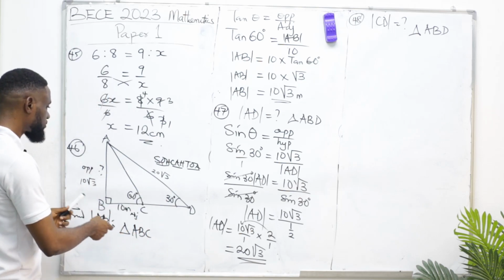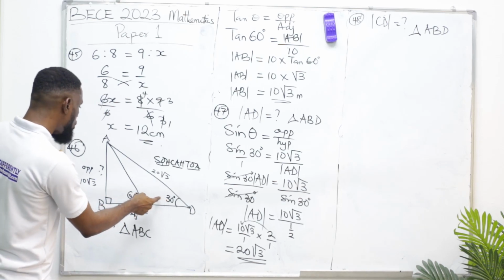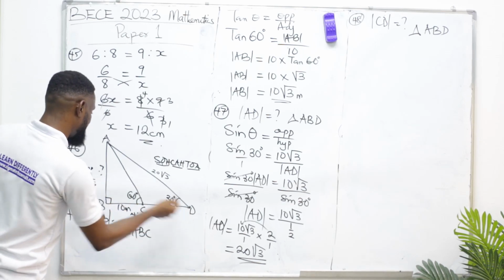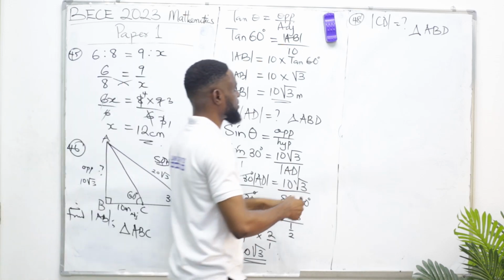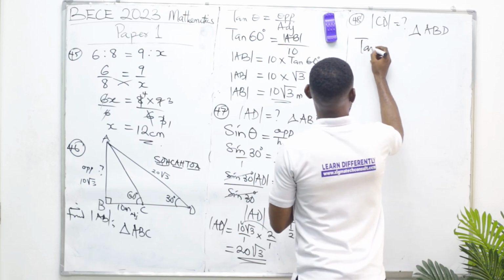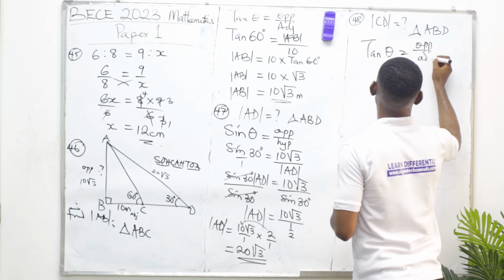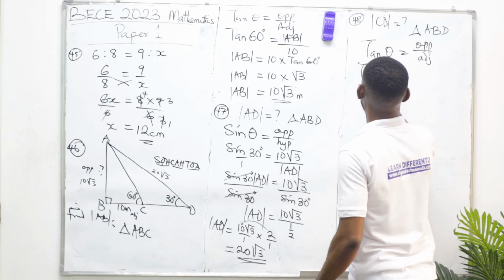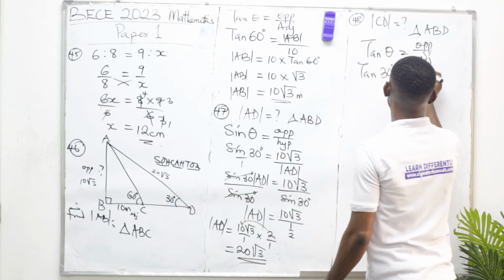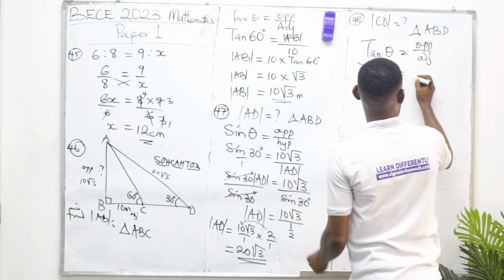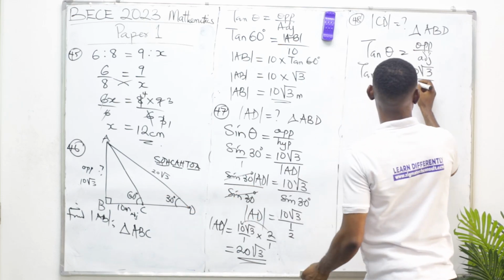So if this is the angle we refer to, now we're having opposite over adjacent. So that is tan. So tan theta is opposite over adjacent. So our tan 30 degrees is equal to opposite, 10 root 3, divided by adjacent, which is line BD.